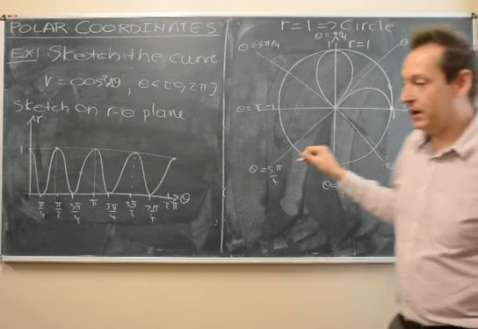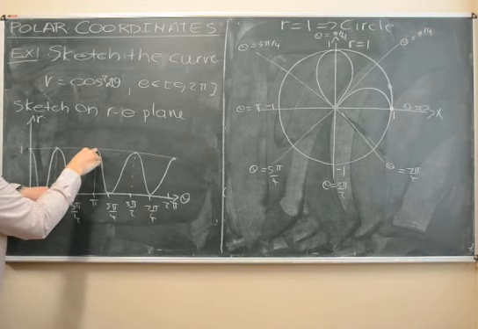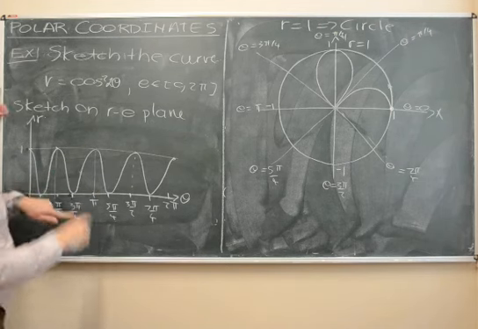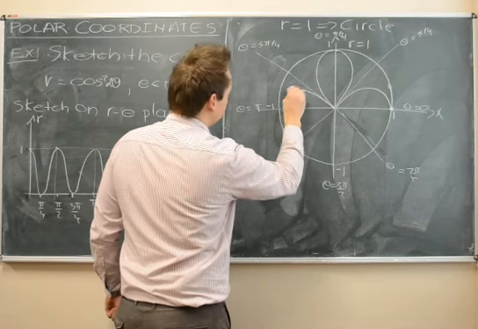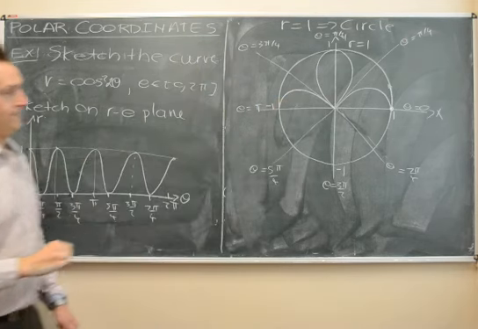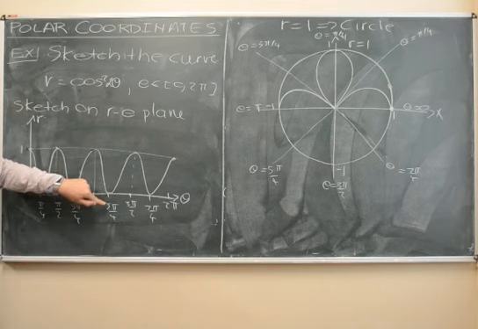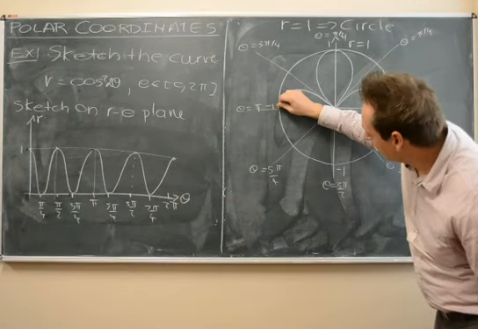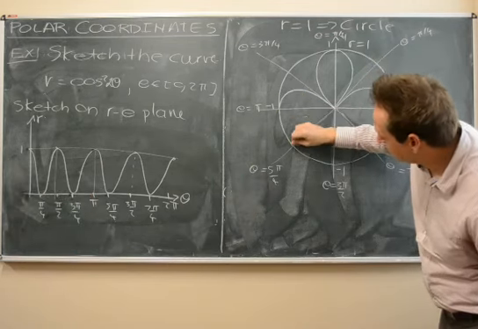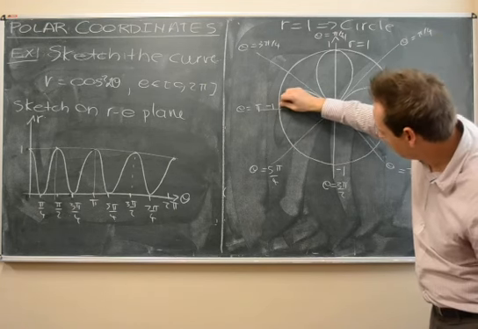Now we're at theta equals 3 pi over 4, r equals 0. And now what happens to the graph? Well, r starts increasing again until it hits r equals 1 at pi. So you're at pi, and now r decreases again, back to 0 at 5 pi over 4.